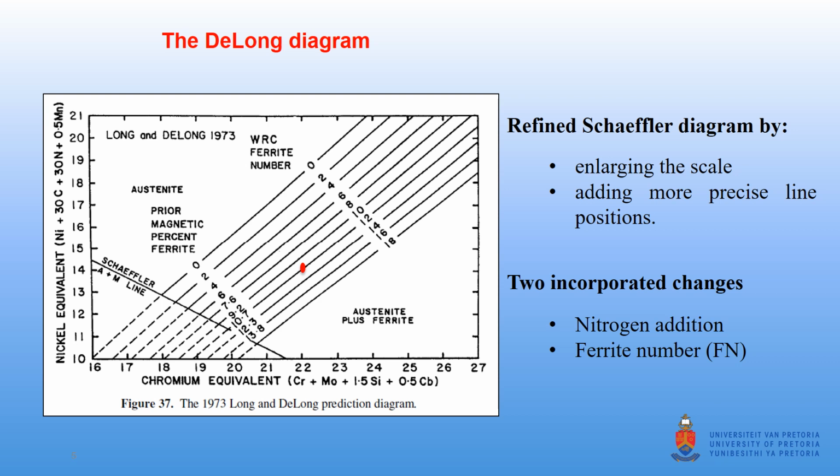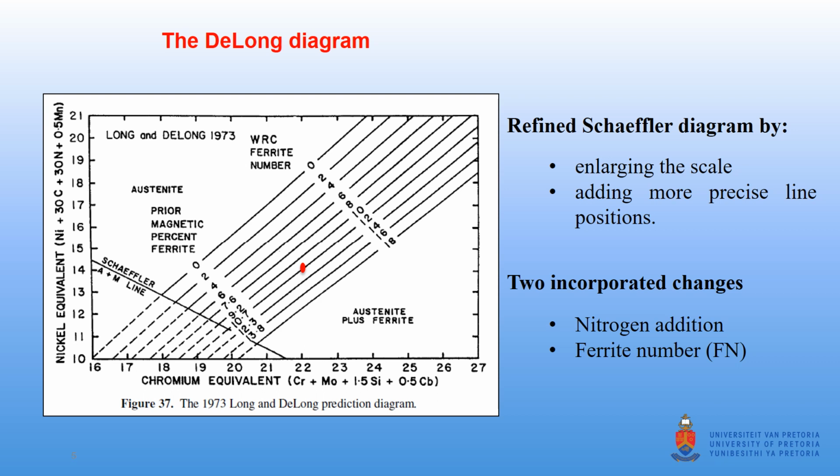The next major advance in prediction diagrams was proposed by Long and DeLong in 1973. The Long and DeLong diagram displayed refines the region of the Scheffler diagram by enlarging the scale and adding more precise line positions to enable a more accurate prediction of the ferrite content, especially in the 300 series austenitic stainless steel welds.